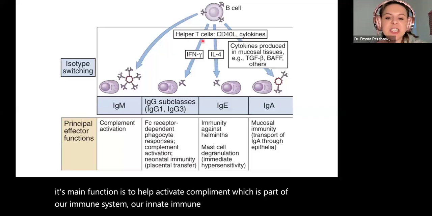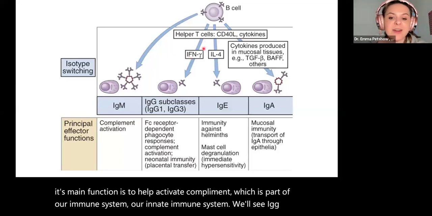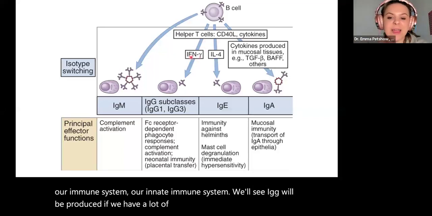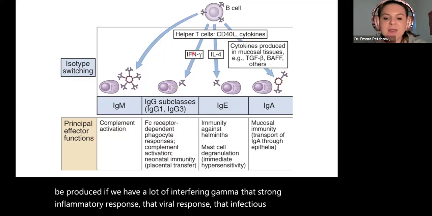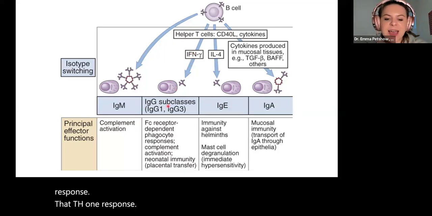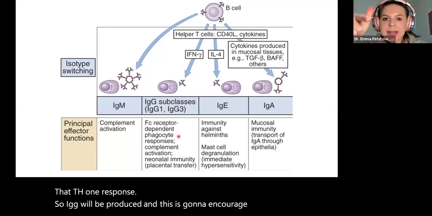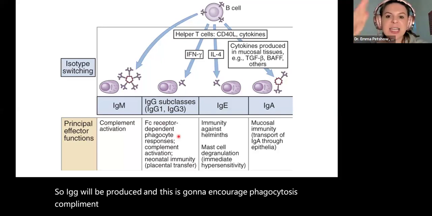We'll see IgG produced if we have a lot of interferon gamma, that strong inflammatory response, that viral response, that infectious response, that Th1 response. So IgG will be produced, and this is going to encourage phagocytosis, complement activation, essentially intracellular tagging for opsonization for destruction.